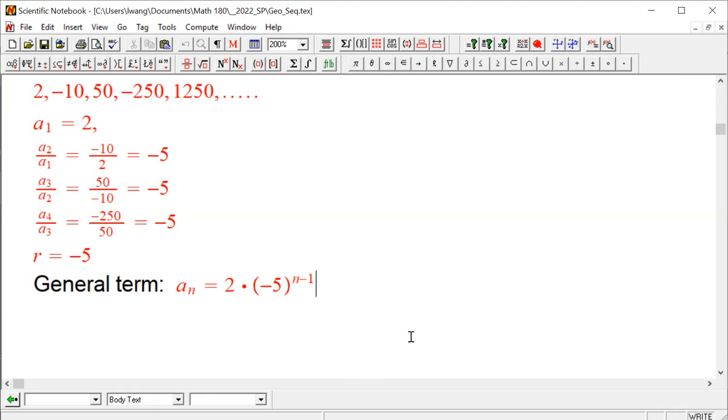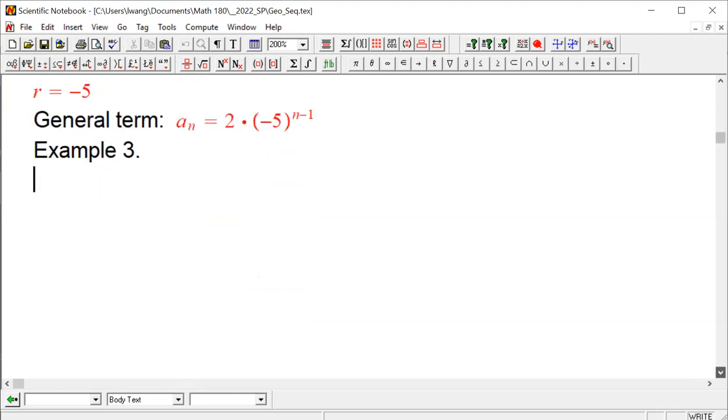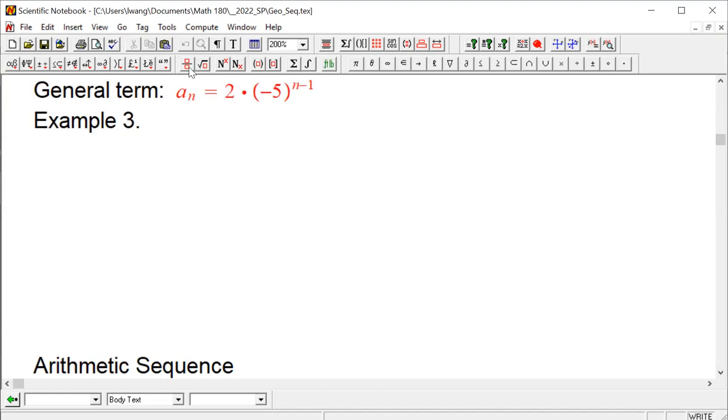So let's look at another one. Example number 3. We're given some terms of a geometric sequence. Here are the terms.